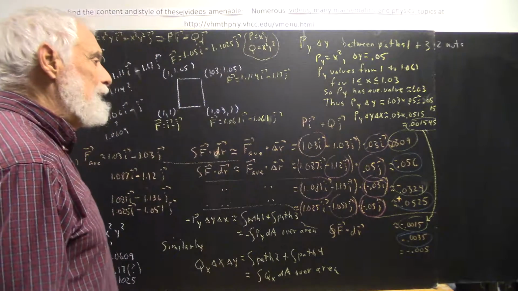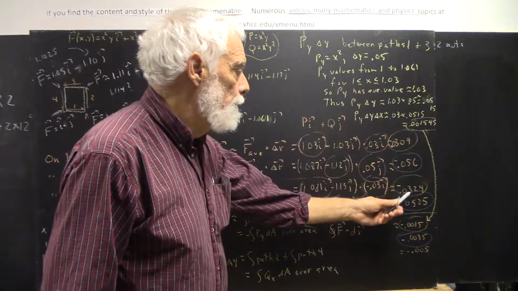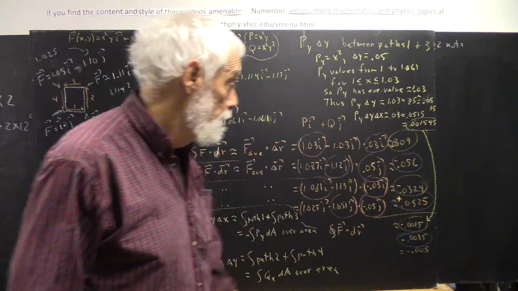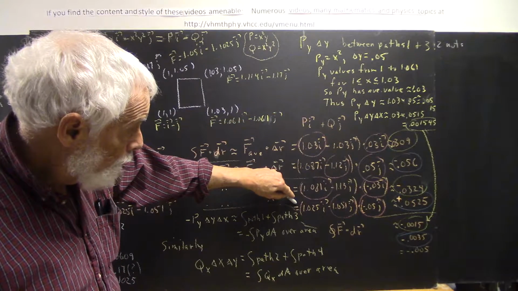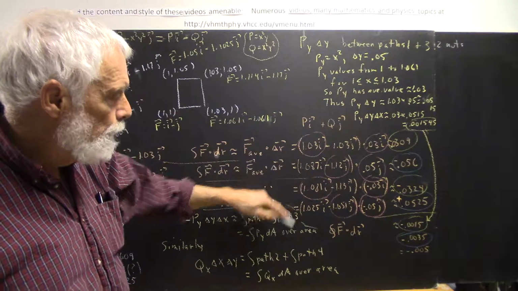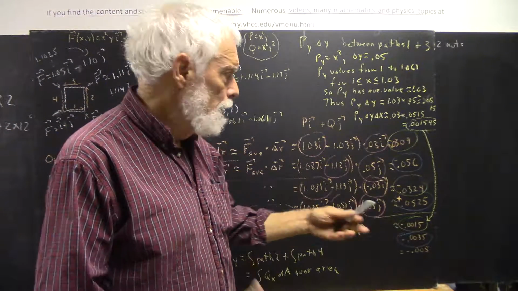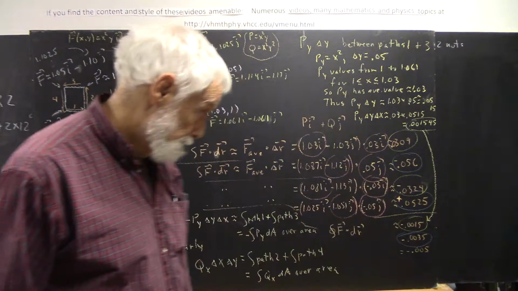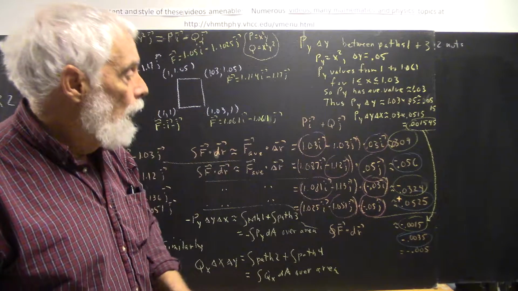Okay, so what is it that makes these different between path 1 and 3? It's the difference in the i components. Between path 2 and 4, the thing that makes these different, and by different I mean not equal and opposite, is the change in the j component.